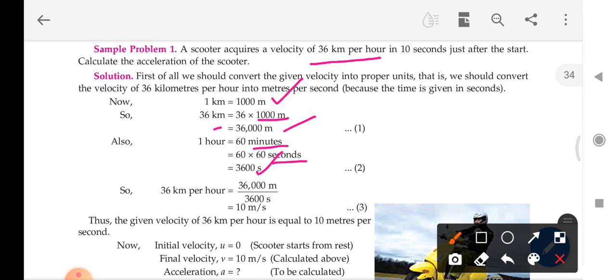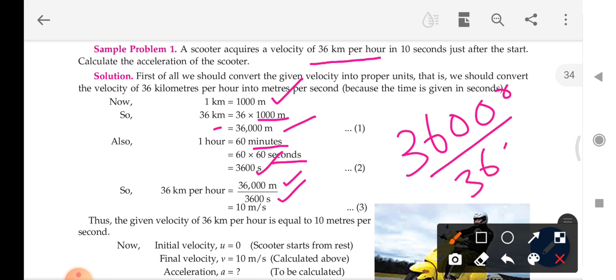So 36 kilometer per hour equal to 36,000 meter per 3600 second. When we divide this value, 1 36 are 36, 10 36 are 360. So 10 meter per second.